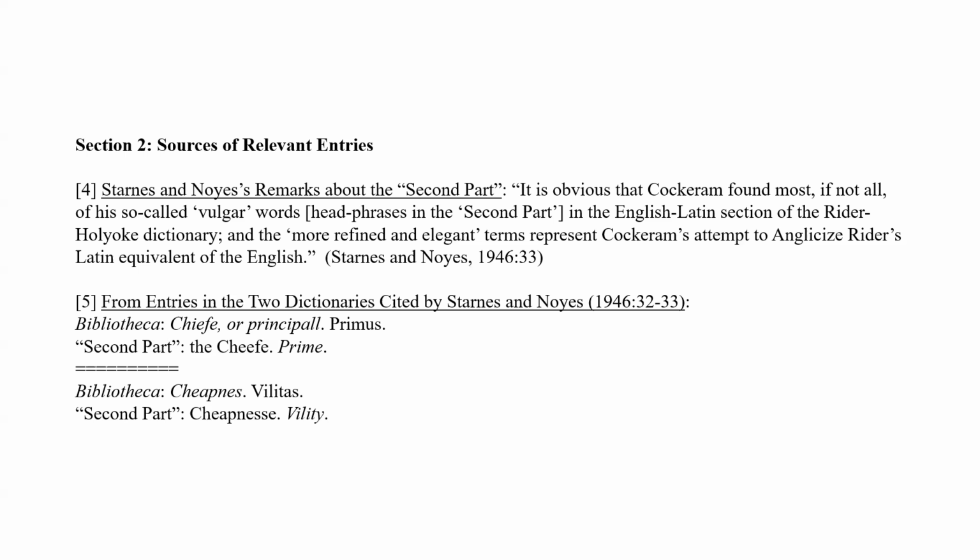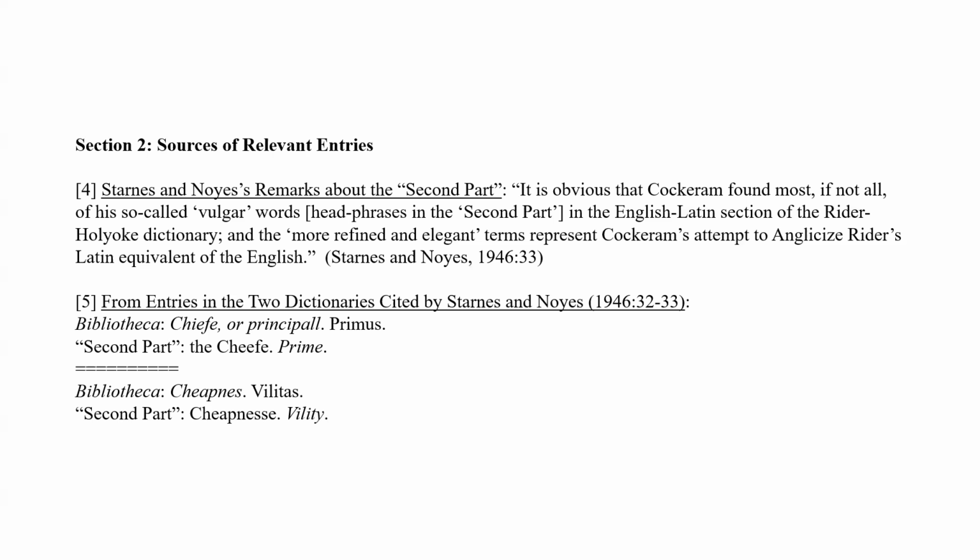In Starnes and Noyes' case, they also used its 1617 edition, which was reissued by Francis Holyoake, as well as its first edition. Would the result of my analysis so far have been different if I had also used the 1617 edition of the Bibliotheca?